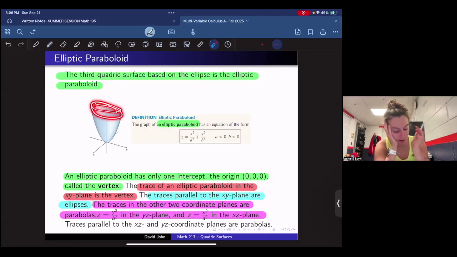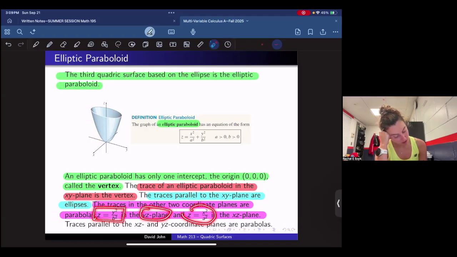The traces in the other two coordinate planes are parabolas. You can see that over here: z is equal to y squared over b squared in our yz plane, and x squared over a squared in our xz plane. And last but not least, our traces parallel to the xz and yz planes are, once again, parabolas, which we've already stated.